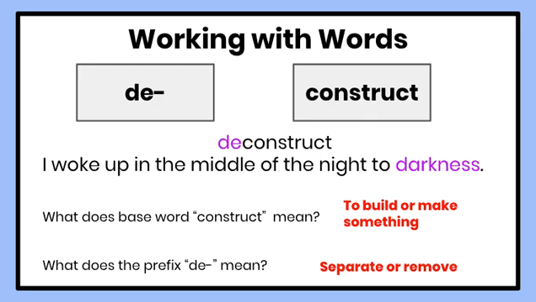In our example, I said that I like to deconstruct my sandwich. If my sandwich was constructed of bread, meat, cheese, lettuce, and tomato, when I constructed it, I built it and I made it. In my example, I deconstructed it. So I'm separating and removing the pieces of the sandwich.